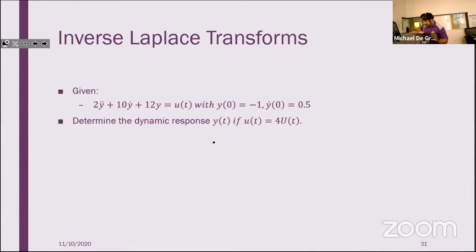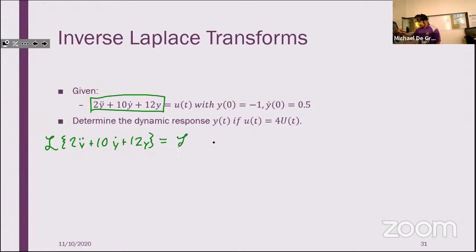Let's start by taking the Laplace transform of just the output. Okay, so I'm going to start by taking the Laplace transform of 2y double dot plus 10y dot plus 12y. Well, we've seen that this is just the same as taking the Laplace transforms of each of these things separately, right?